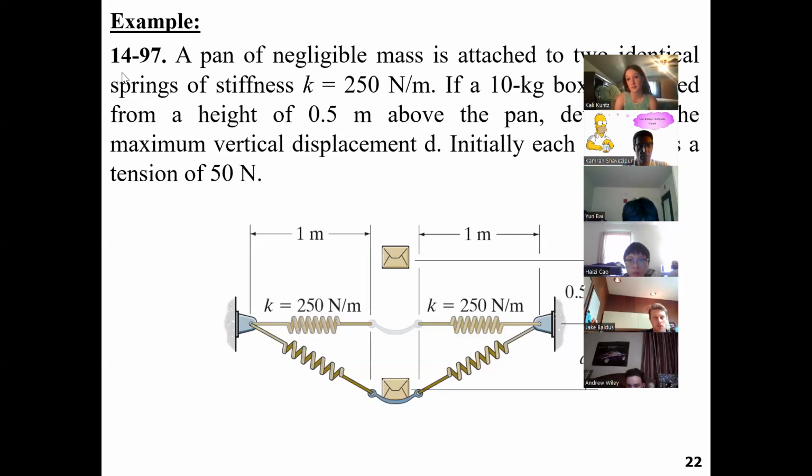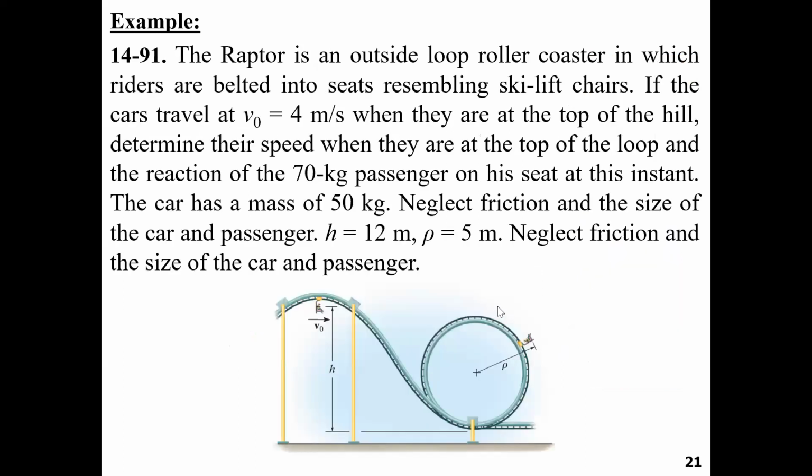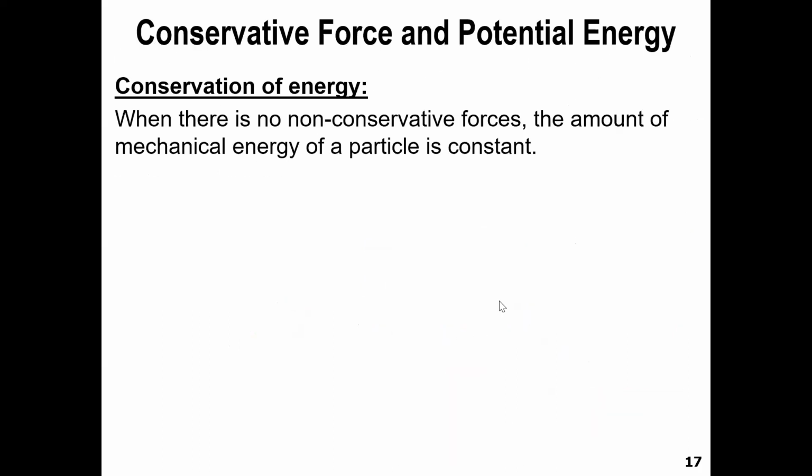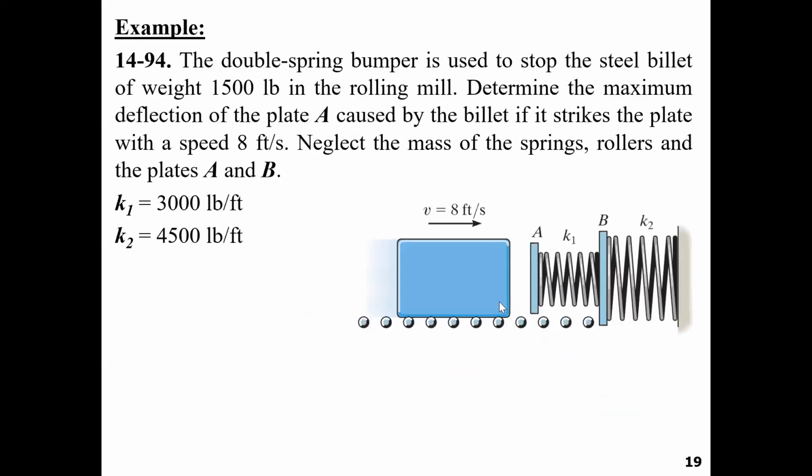Okay, let's go back to the slides. Let's do this example. This is kind of short, and hopefully reminds you of some other stuff. You have a mass with an initial velocity of 8 feet per second.